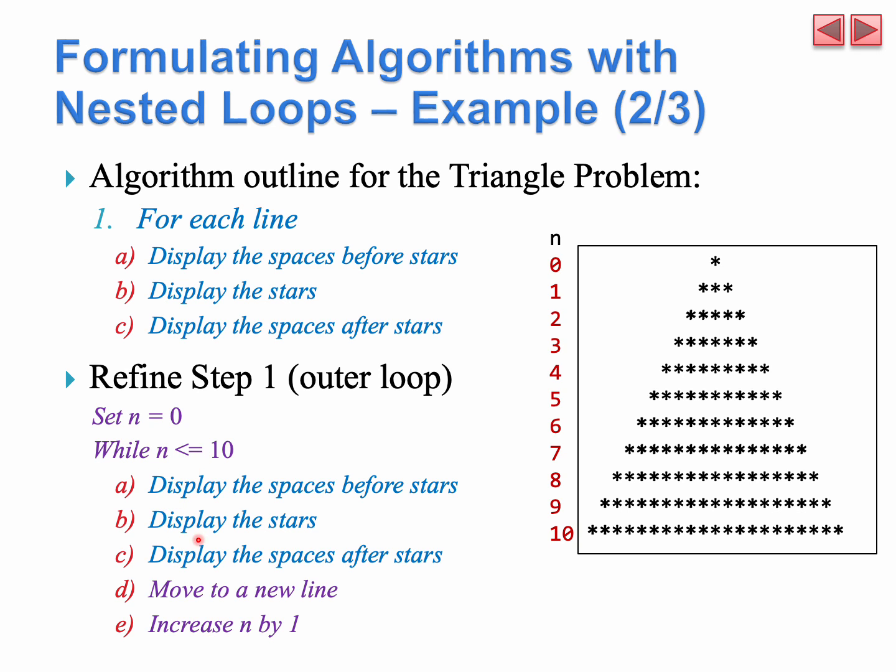In its body, we still need to have the original loop body in the outline, but we need to add a few more detailed steps to move through the lines. Those are to move to a new line and increase the variable n by 1. So the outer loop is already detailed enough, and we don't have to refine it further. At this point, it's a single loop. However, its body still has 3 steps from A to C that need to be refined.